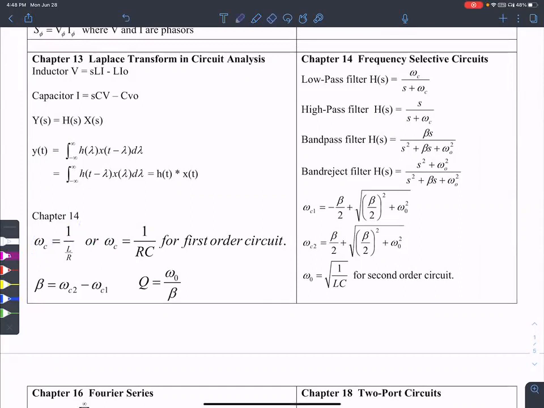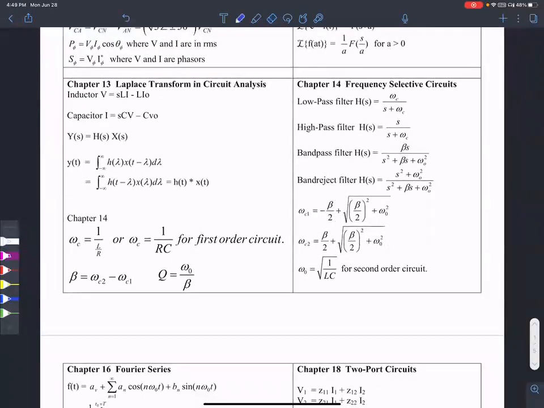If you're using an RC circuit, it's a first order circuit. Just L and R or just C and R gives you a first order circuit. So the cutoff frequency is going to be 1 over RC or R over L. I encourage you to use these formulae wherever convenient.